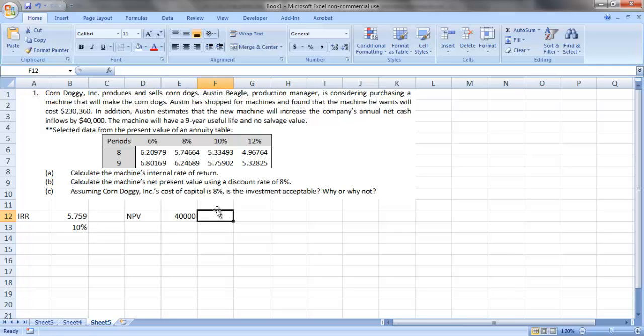So we take the $40,000 cash inflow per year and multiply that times the appropriate present value of an annuity factor. In this case, again, we're talking about a 9-period project, and we're using a discount rate of 8%. So we see that that lines up with a PV factor of 6.24689.